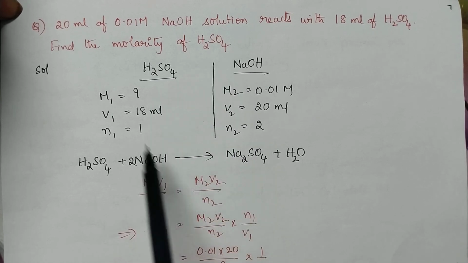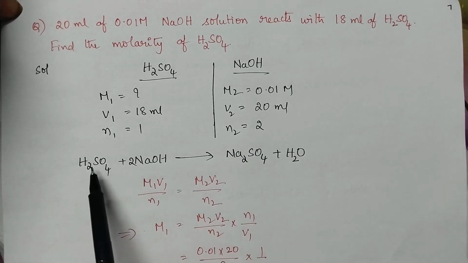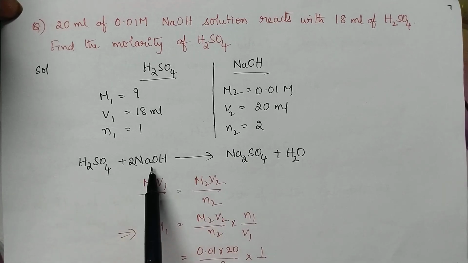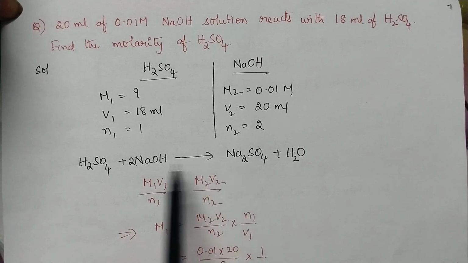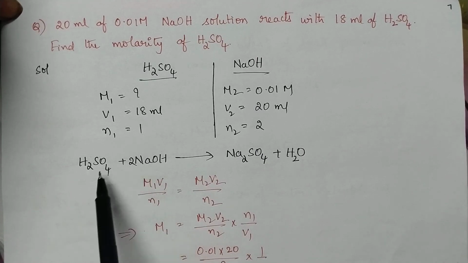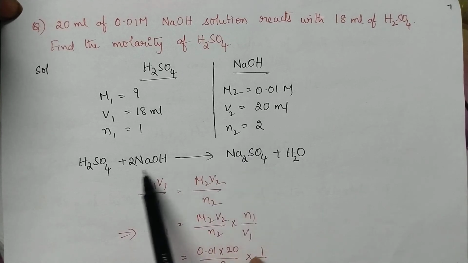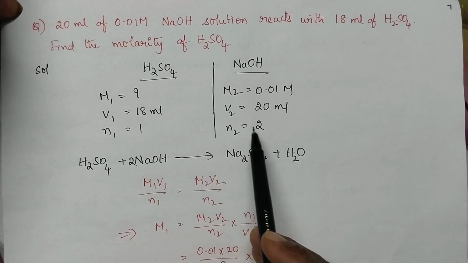Here we have to know the values of N1 and N2. Sulfuric acid reacts with NaOH. From this expression, what is the value for the acid? N1 is equal to 1. So the number of moles of sulfuric acid is 1. And N2 is the number of moles of NaOH. In this case, N2 is equal to 2.